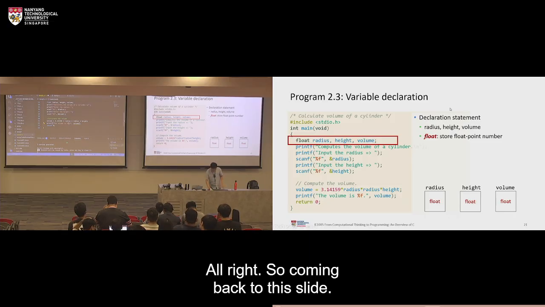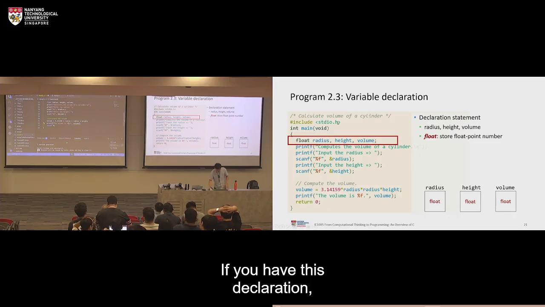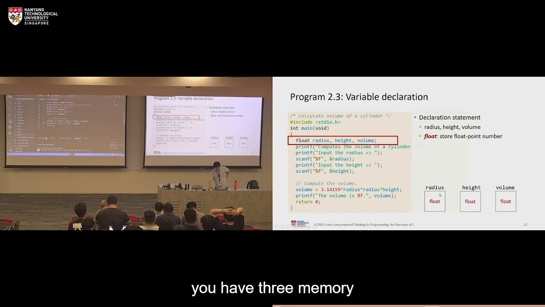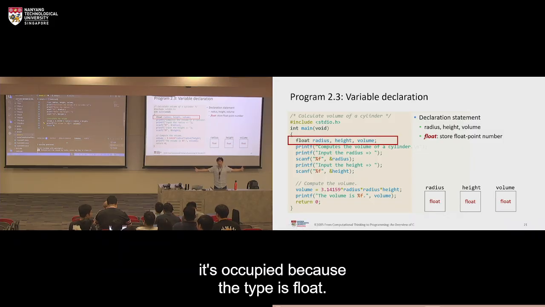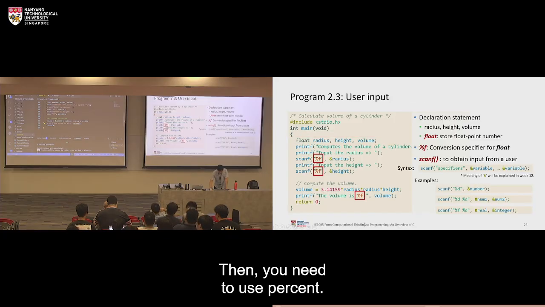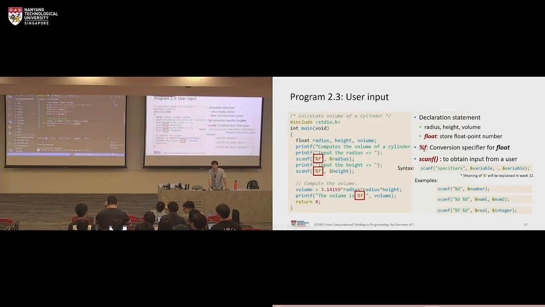All right, so coming back to this slide, if you have this declaration, you have 3 memory cells with a float type. So a much larger memory cell is occupied because the type is float. And then, yes, you need to use %f.